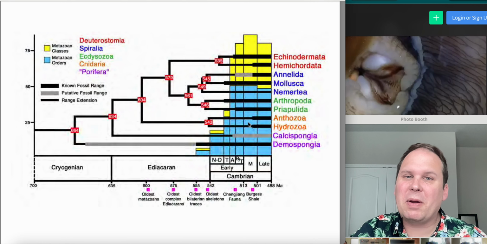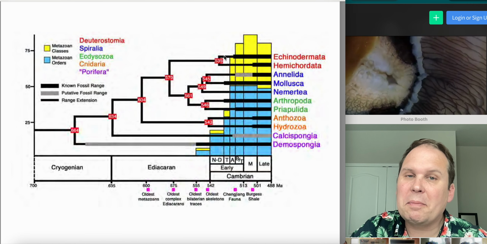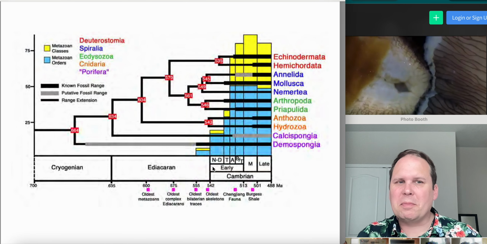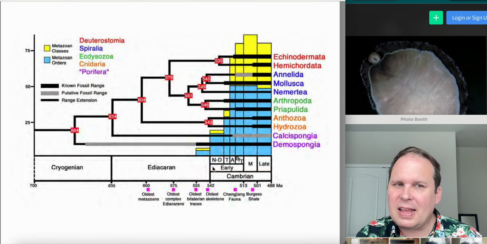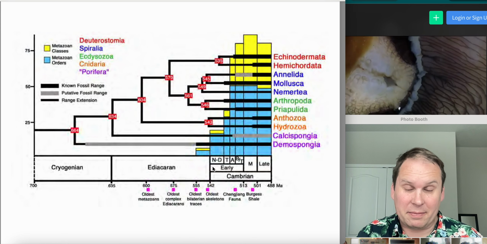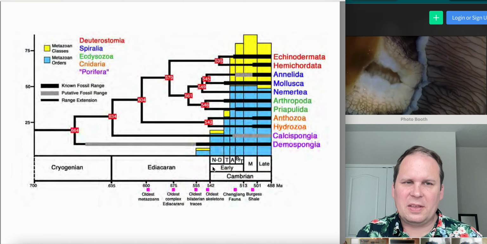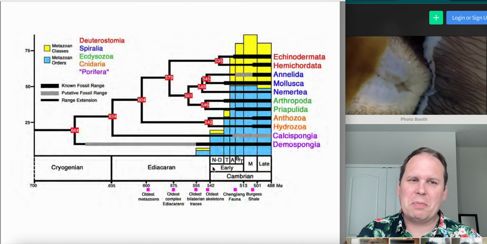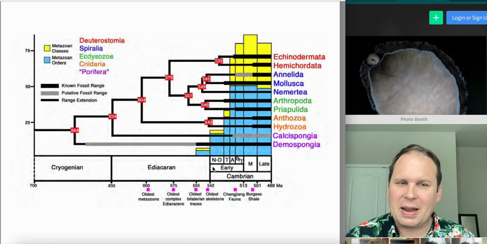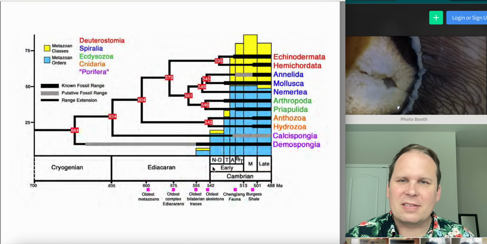Yeah, it's an early branch, but if you look at these numbers here, it is a branch that, according to the molecular phylogeny, probably dates back to around the start of the Cambrian. So these are probably creatures from the Cambrian explosion, the things that came in and wiped out and replaced the Ediacarans that came before them.